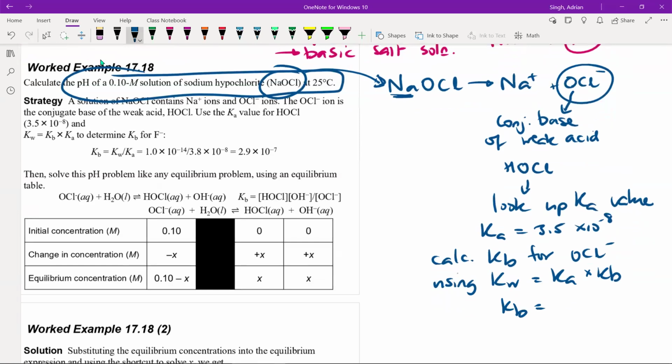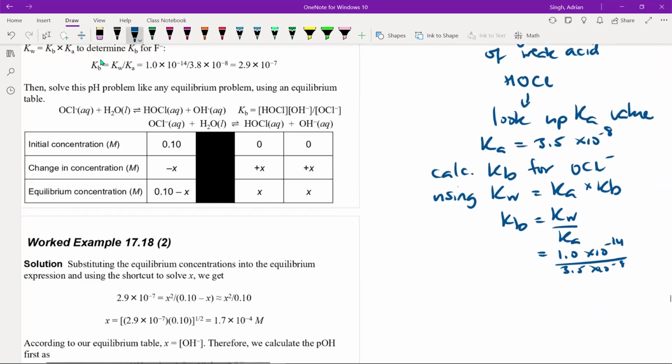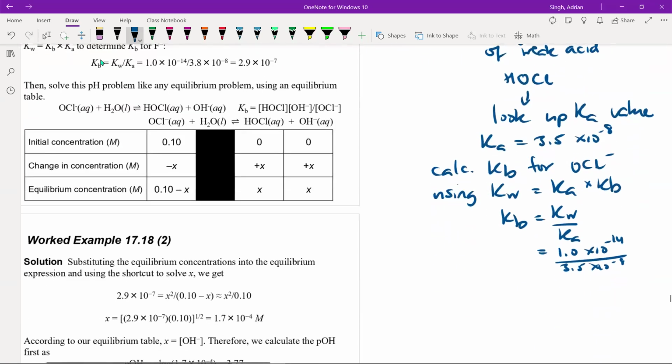So the Kb would be equal to Kw divided by the Ka. That would be 1.0 times 10 to the minus 14 divided by 3.5 times 10 to the minus 8. So the Kb then would be equal to 2.9 times 10 to the minus 7.